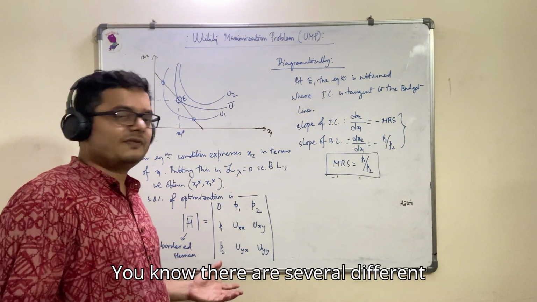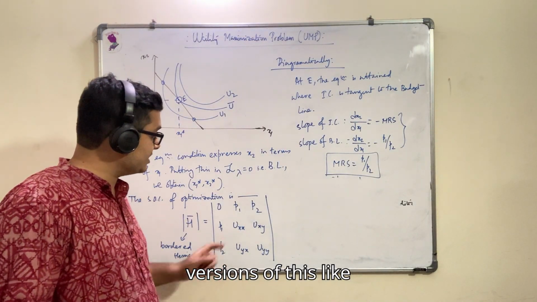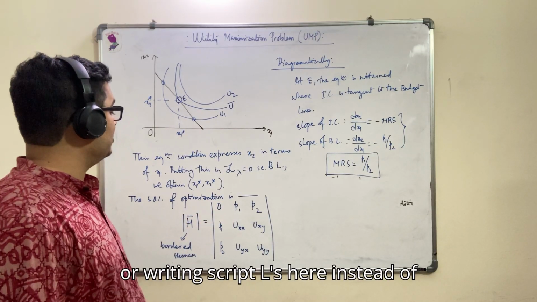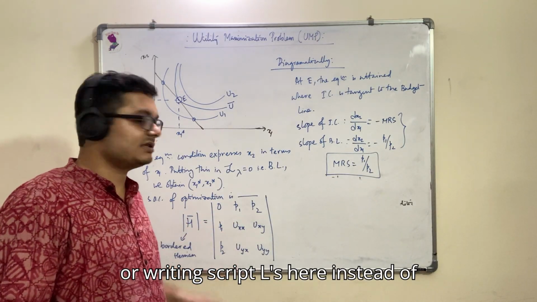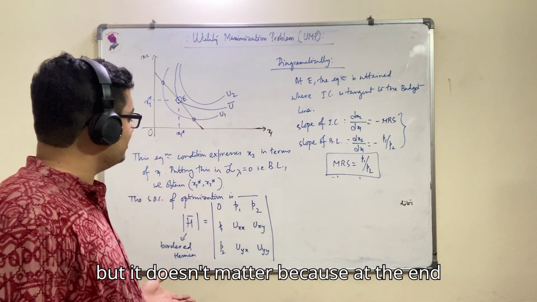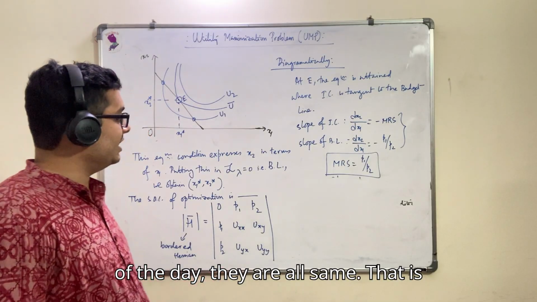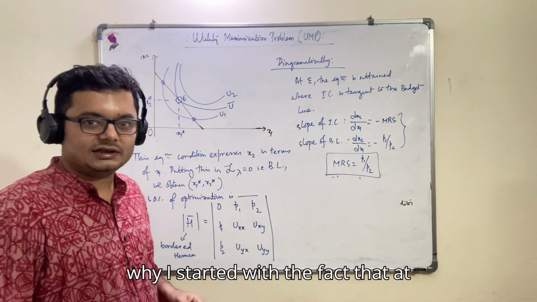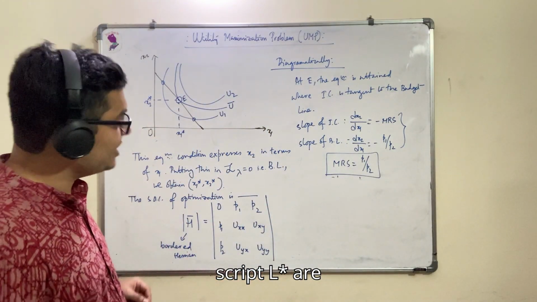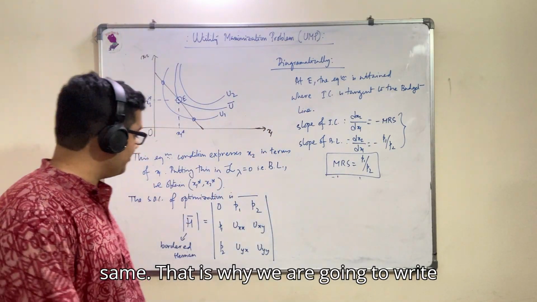You know, there are several different versions of this, like putting lambdas here, or writing script L's here instead of these U's. But it doesn't matter because at the end of the day they are all the same, right? That is why I started with the fact that at optimum this U star and this script L star are the same.